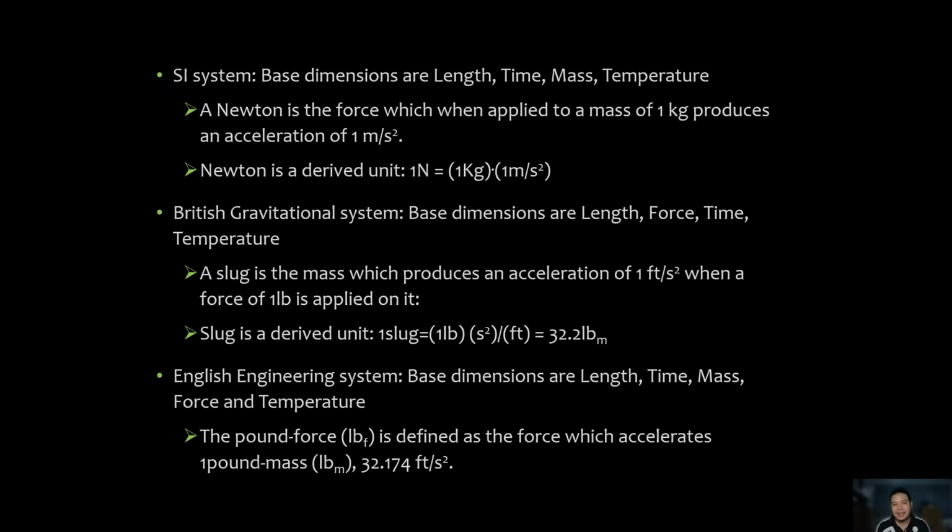The British gravitational system is based on the same dimensions as above. A slug is a mass that is accelerated at 1 foot per second squared when a force of 1 pound is applied to it.